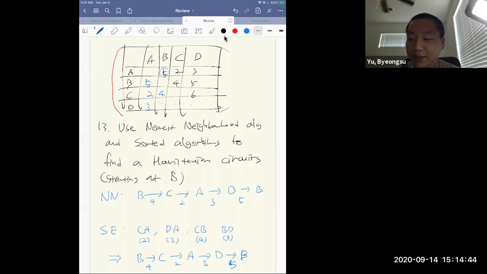5, 6. As you can see, along this diagonal line there is a kind of reflection. So this 5 corresponds to this 5, this 2 to 2, 3 to 3, 4 to 4, 5 to 5, 6 to 6.